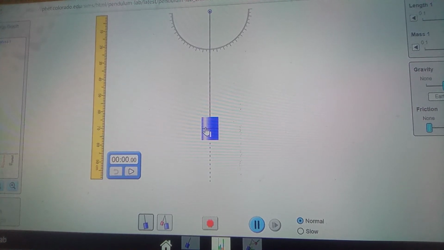Now, for this case, our metallic bulb is connected to the thread, and of course it is at equilibrium position.